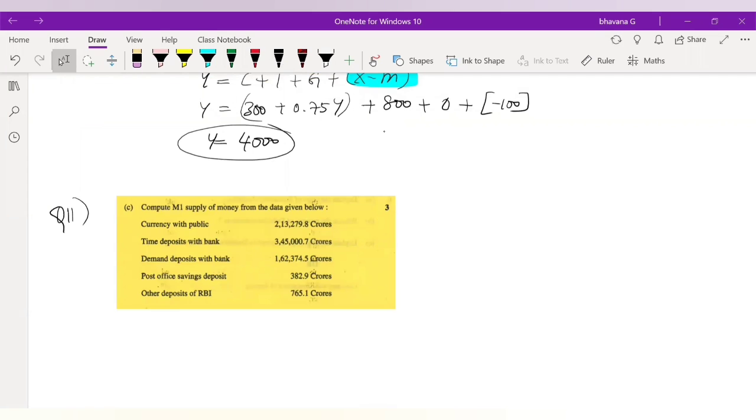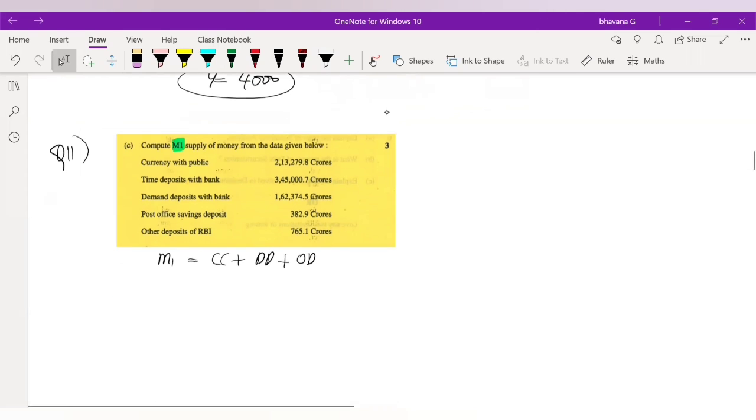Now we'll move on to question number 11. In question number 11, they have told you to find out M1. Okay. So M1, what was the formula for M1? M1 equal to cash plus demand deposits plus other deposits. So it's CC plus DD plus OD. Okay, so M1 is currency with the public plus demand deposits with the bank plus other deposits with RBI.